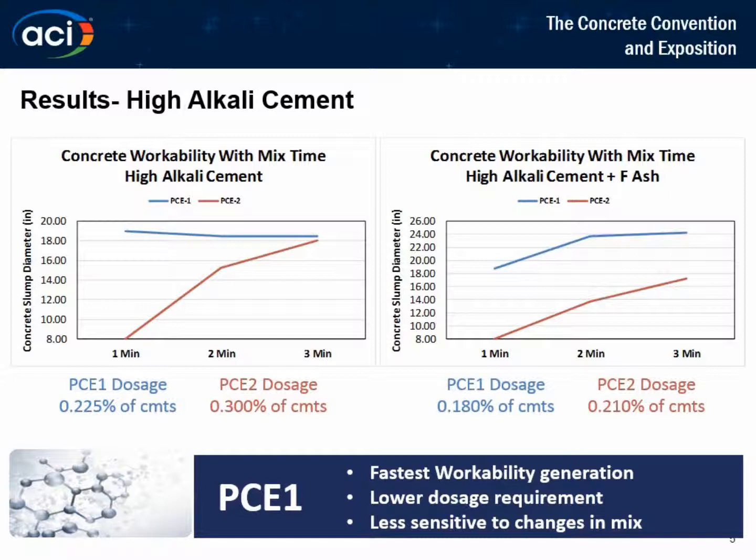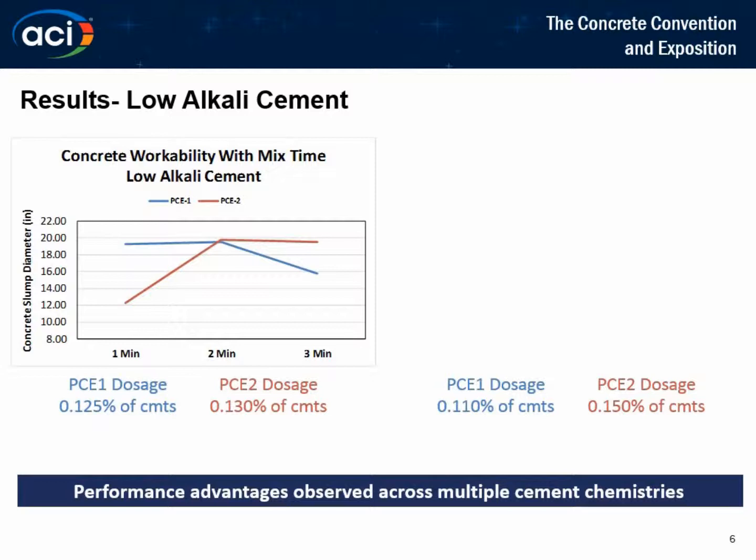Again, directionally, you can see that the workability is achieved faster with the faster dispersion, more around that 2-minute mark, versus, again, 3 minutes and beyond in the general use polymer. The dosages continue to be less required by that faster dispersion polymer to achieve your ultimate workability versus the general purpose PCE. These results were directionally the same when we switched cements.